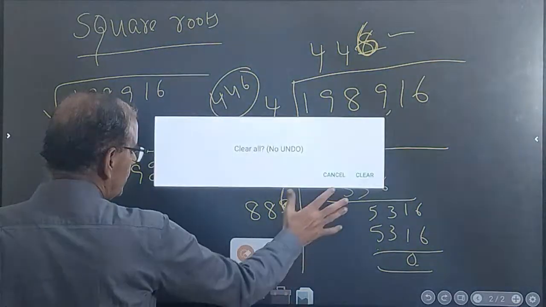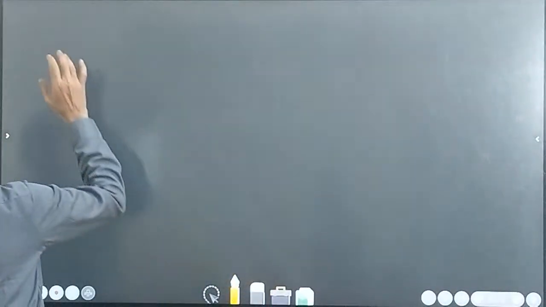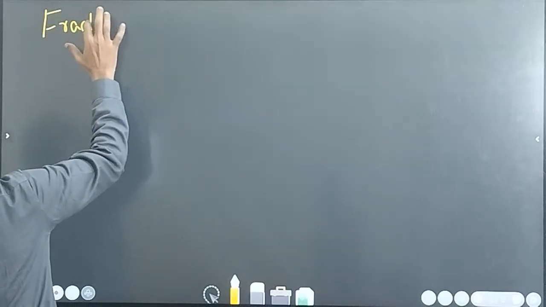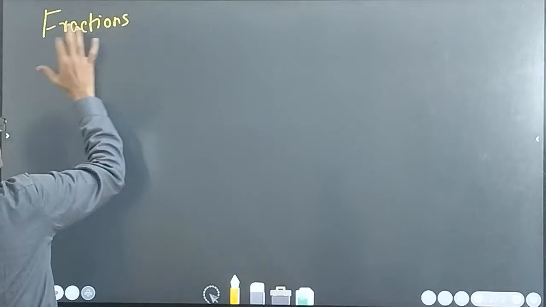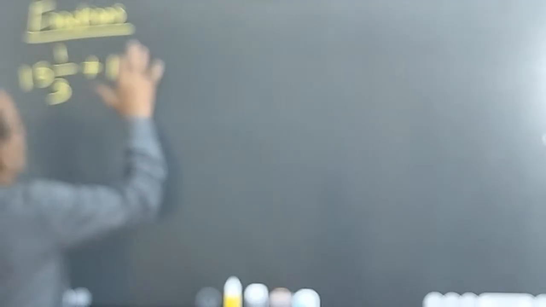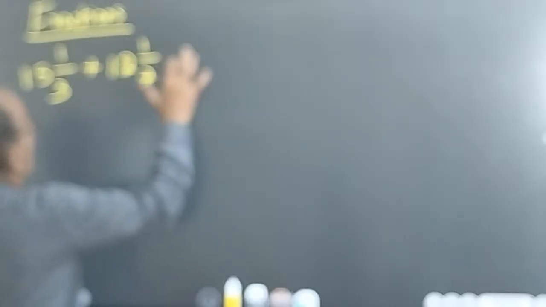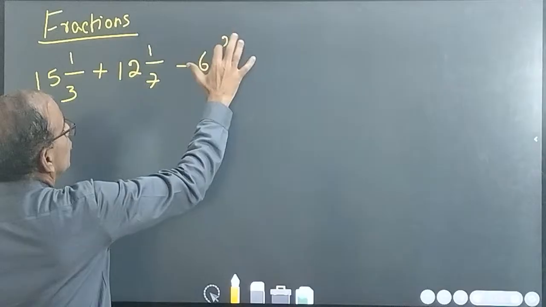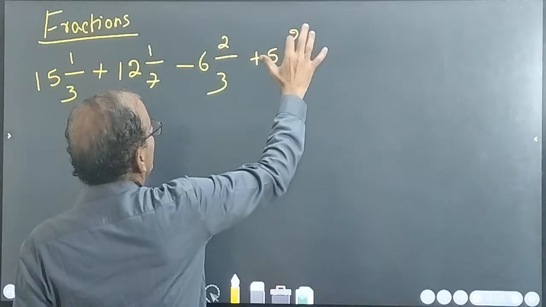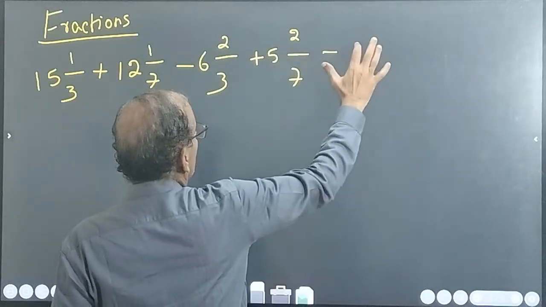Now we will come to fractions. Suppose the question is like this: 15 1 by 3 plus 12 1 by 7 minus 6 2 by 3 plus 5 2 by 7 minus 15.